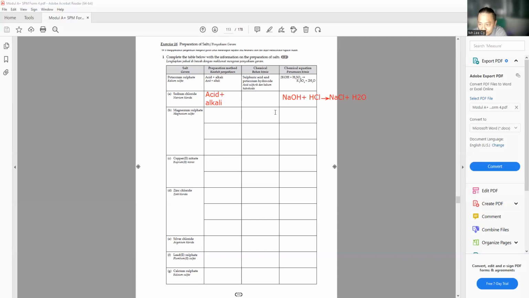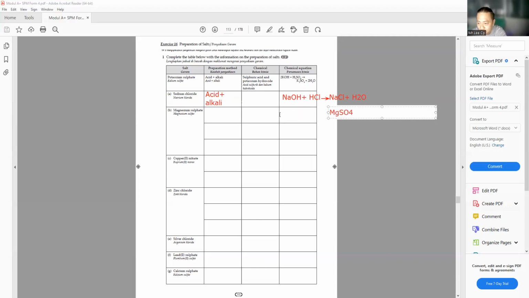Okay, now here, I start to do it here. So give me, I want magnesium and sulfate. I want Mg and then SO4 as my result here. So MgSO4.